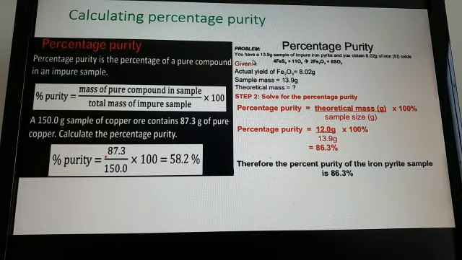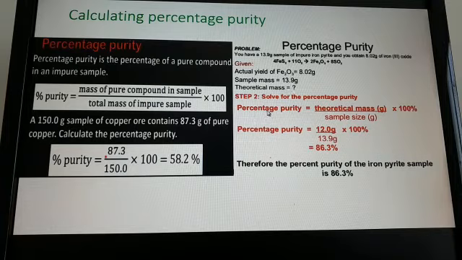Here is another example: you have a 13.9 gram sample of pure iron pyrite. You have to obtain 8.02 gram of iron oxide. This is the equation given. Actual yield is 8.02. Sample mass is equal to 13.9 gram. It's given that. And then the theoretical mass you have to find.